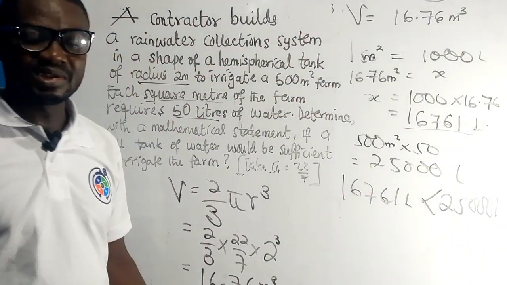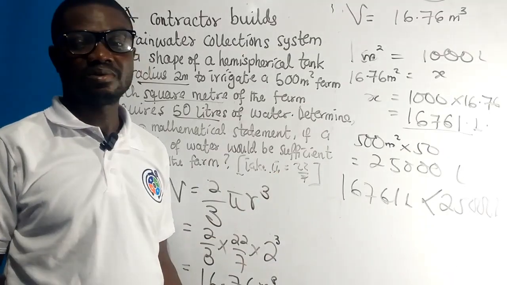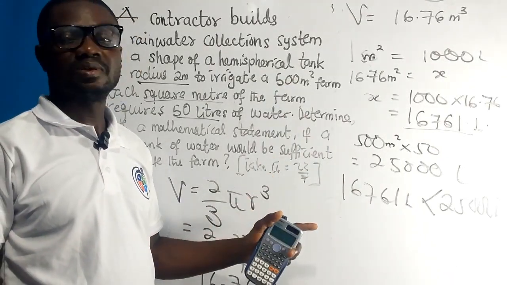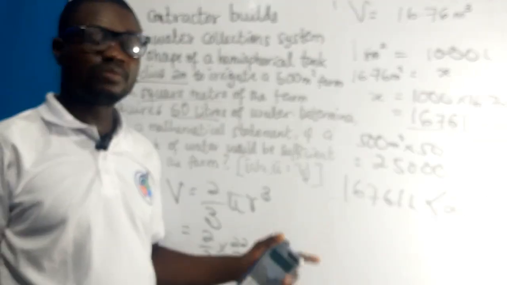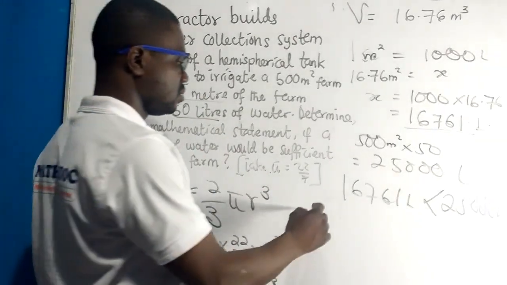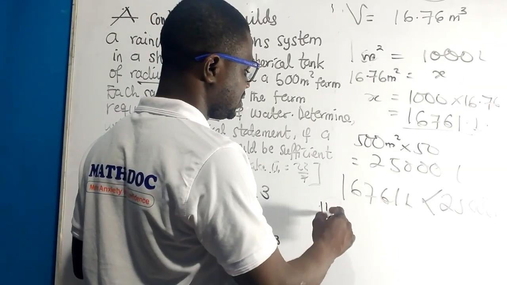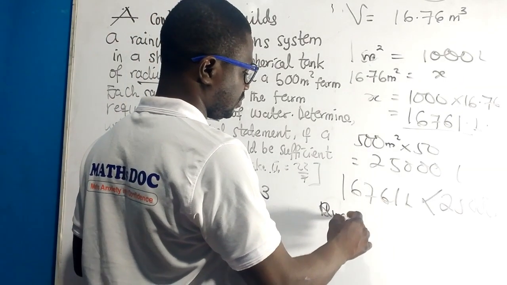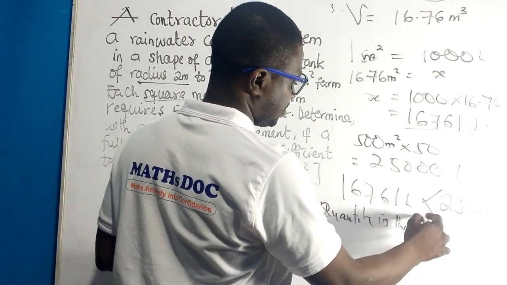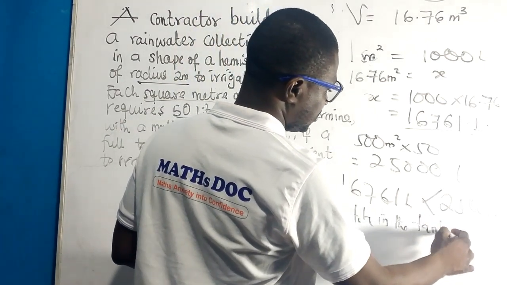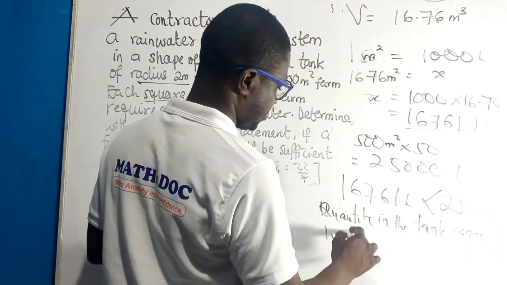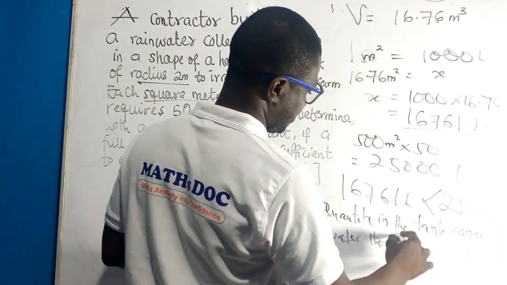This means that the hemisphere cannot water the full 500 meter square field. So the quantity in the tank cannot water the field.